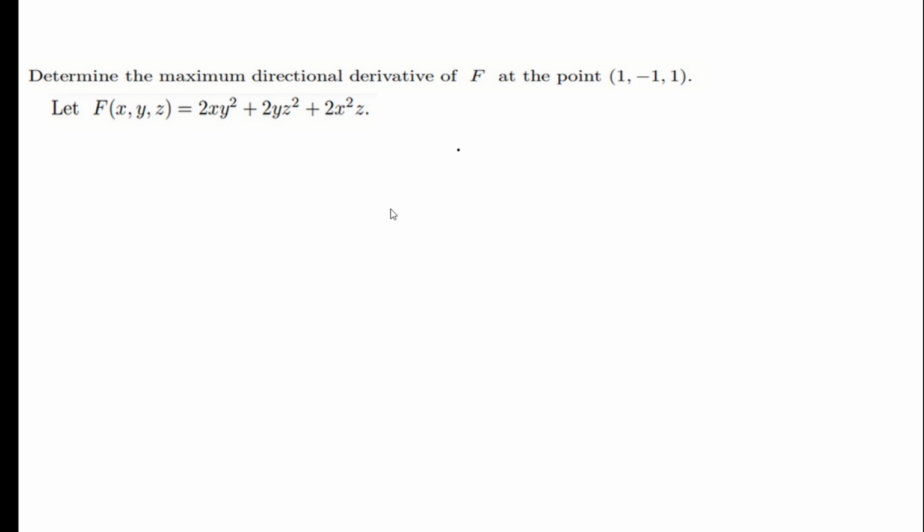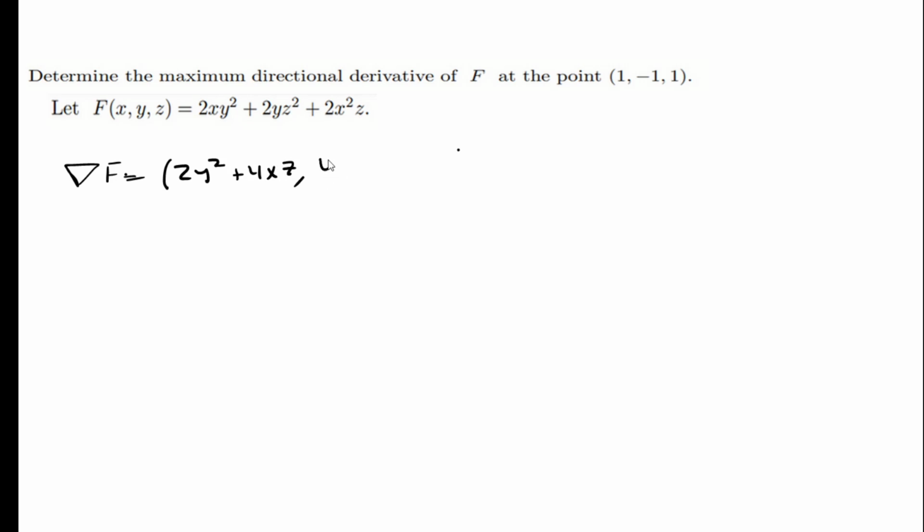Okay, find the maximum. The maximum directional derivative happens in the direction of the gradient. So I'm going to need the gradient of f, no matter what I do. So this is going to be: derivative with respect to x is 2y squared plus 0 plus 4xz.